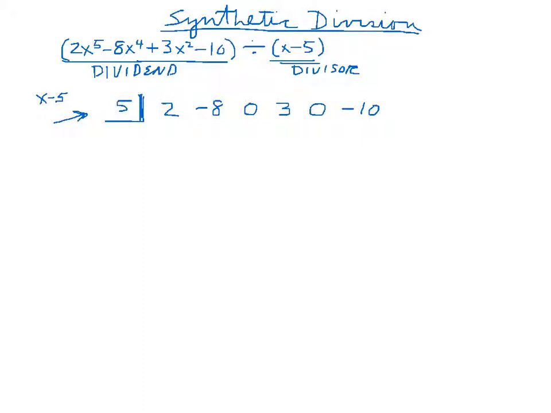You put the number being subtracted. So if you were dividing by x plus 5, then you would put a minus 5 here. But we're not, so I'm going to go back and erase that minus sign, and erase the x plus 5.